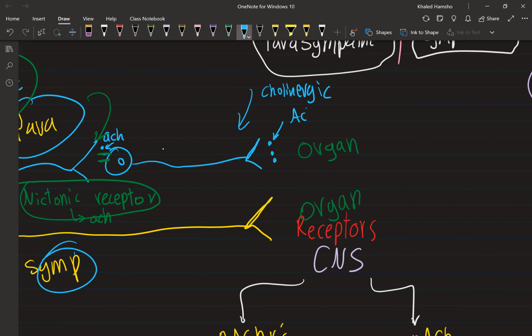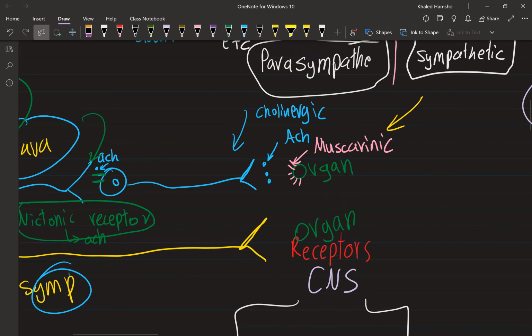This acetylcholine binds to receptors known as muscarinic receptors. So in the parasympathetic pathway, the receptors at the organ level after the postganglionic neuron are all muscarinic.